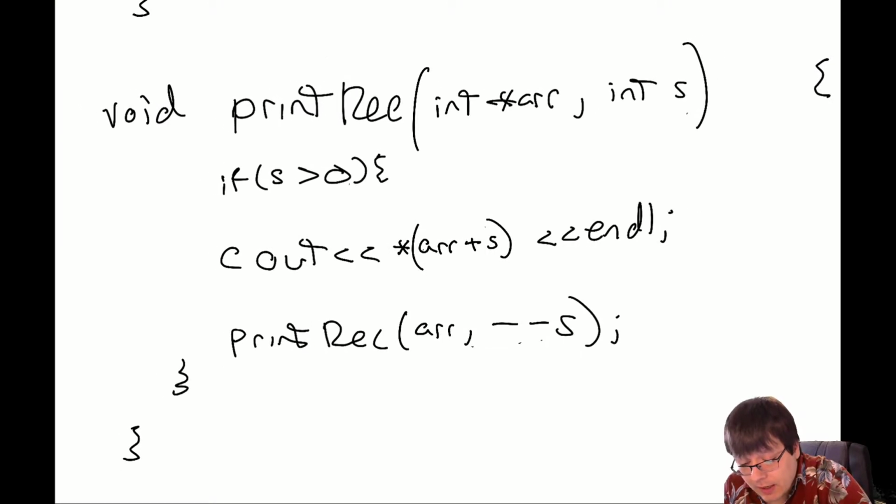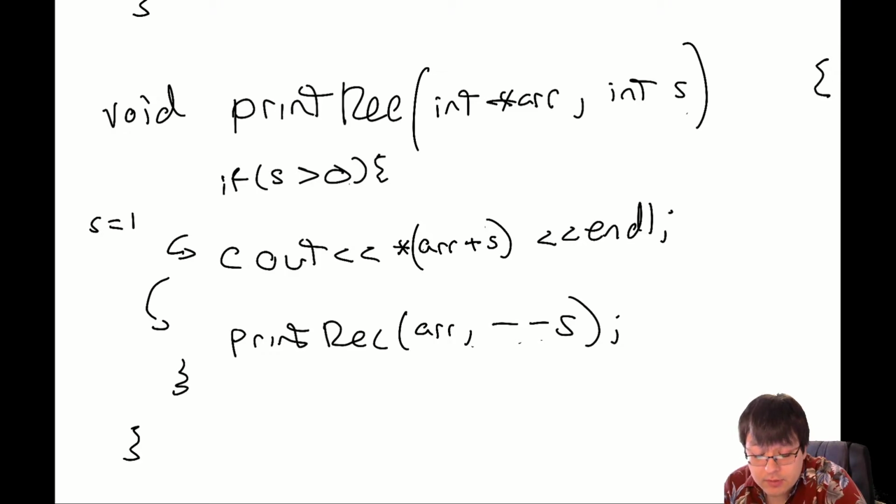However, the way I have this right now, it's printing things backwards because it starts at 10, which is the biggest number, then prints out 9, then 8, then 7, and eventually it gets to 0 and then stops. It's actually going to have one extra recursive call when you get to 0. When S is equal to 1, it prints out index 1 and then goes to 0.